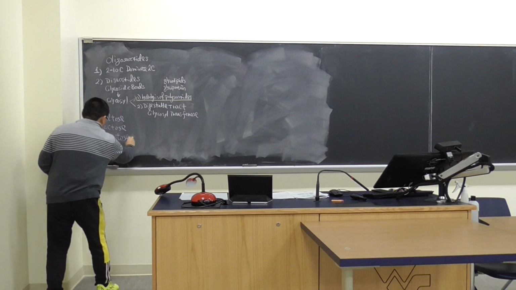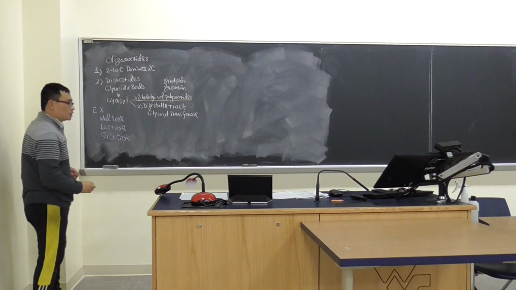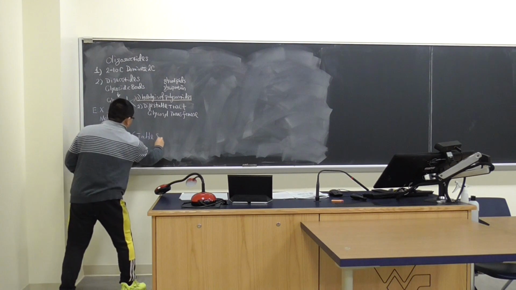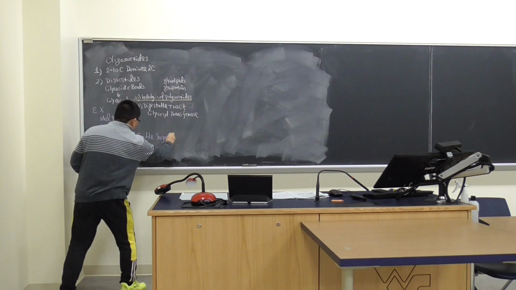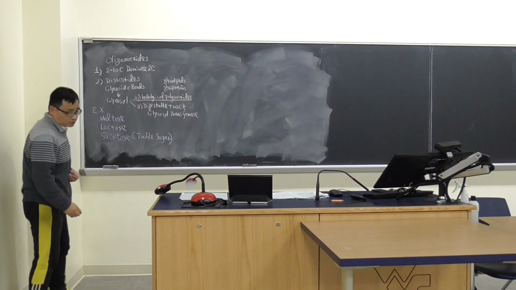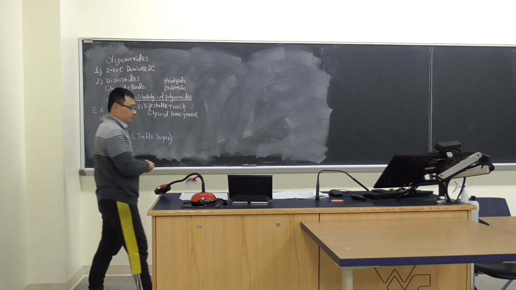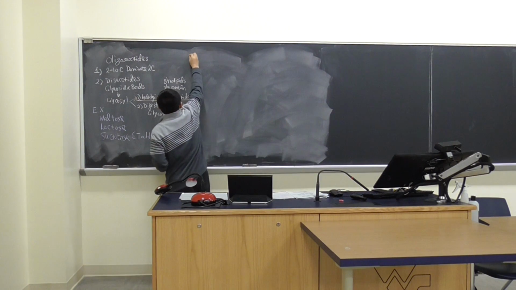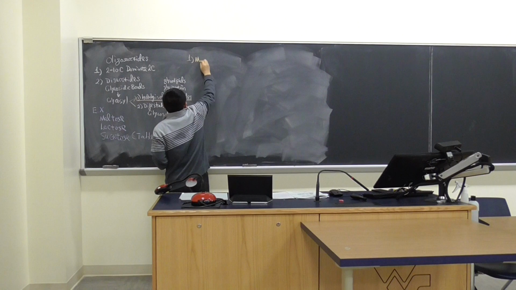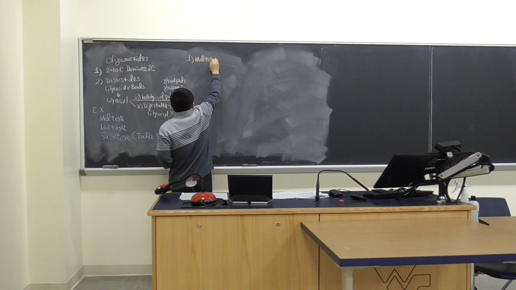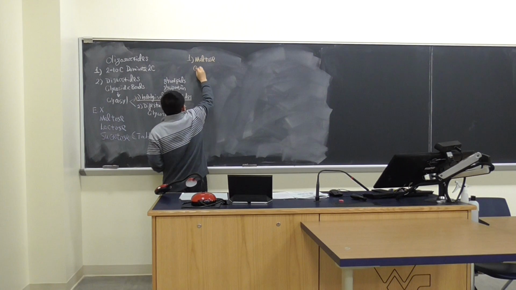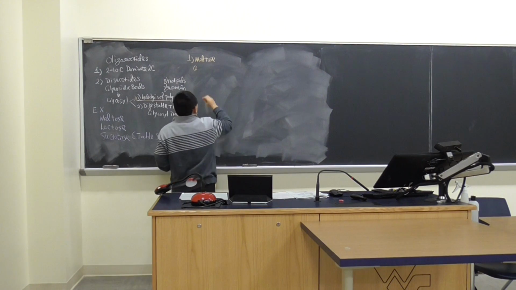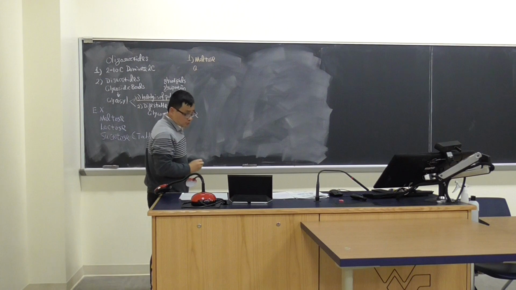Because sucrose is the table sugar, we will talk about the basic steps of manufacturing sugar today. Okay, so let's first talk about maltose. First of all, what is maltose? Maltose is composed of two glucose units.